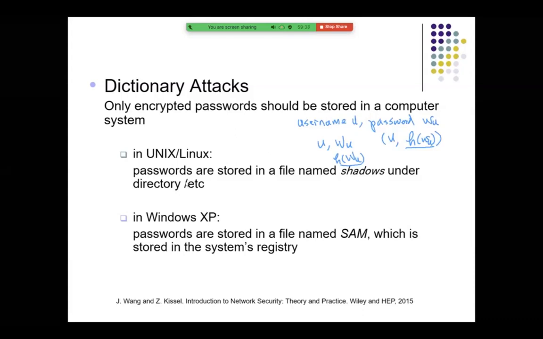So this is the system directory /etc. In Windows XP and some other similar operating systems, passwords are stored in a file named SAM, which is stored in the system's registry. Okay, let me erase.